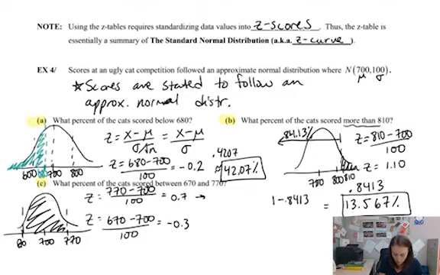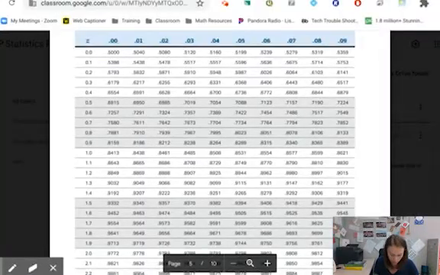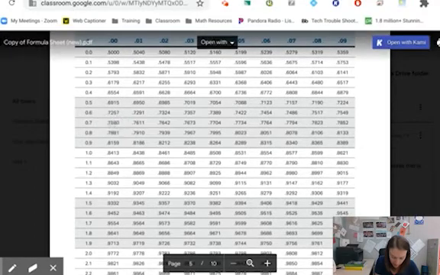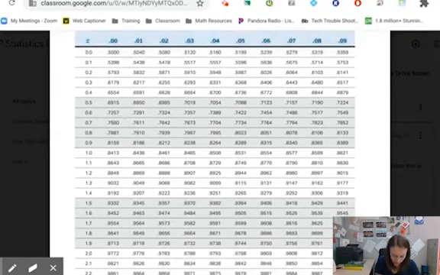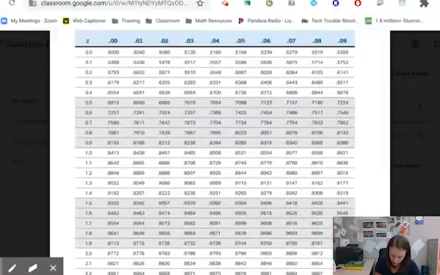Then I'm going to find both percentages corresponding to each one of those. So what percent goes below this one and what percent goes below this one here, and then I can subtract those two percentages. So we don't subtract the z-scores. We find the percentages separately and then subtract the percentages. So going back to our table, I have a z-score of 0.7, which is this here. 0.70 is 0.7580, and then a z-score of negative 0.3.